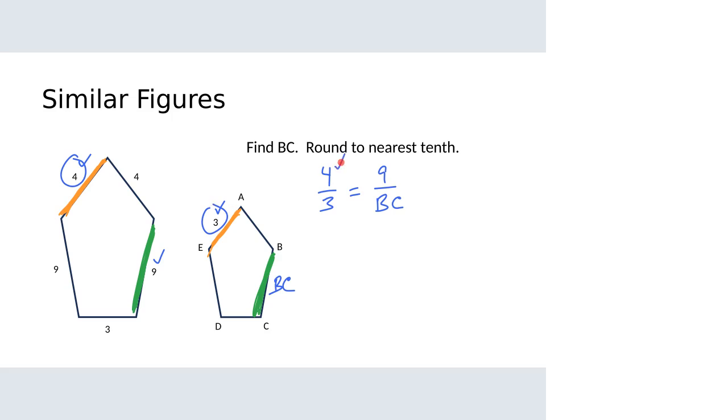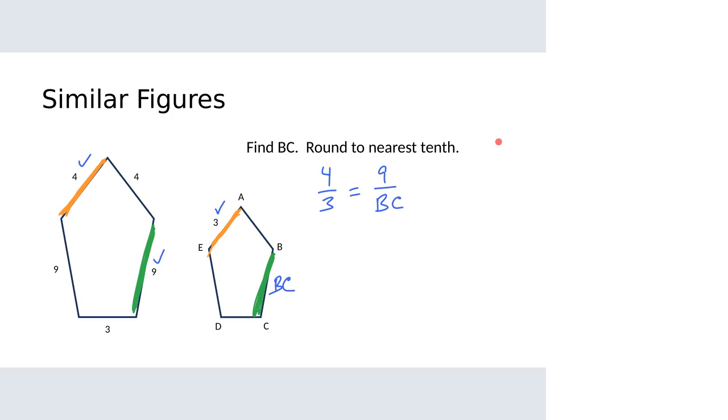So when I set up my other proportion, 9 is to BC, the larger figure that's on the left, that's the number that's in my numerator. Another way to set this up that would make sense would be 4 is to 9 as 3 is to BC. That would be just fine if that way makes more sense to you.